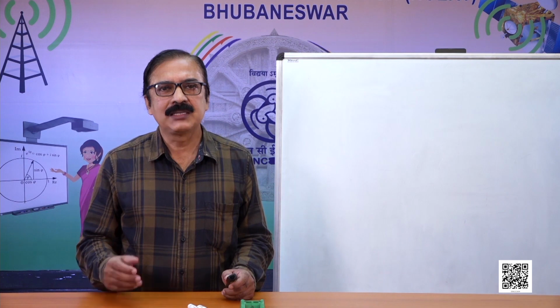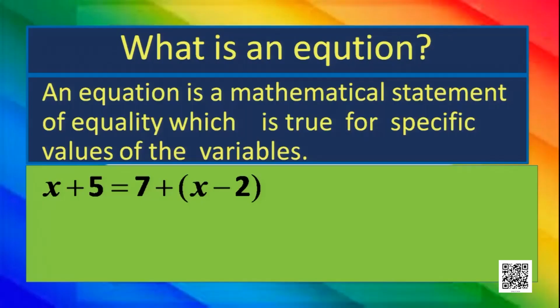Okay, now let's see some other situations. x plus 5 is equal to 7 plus x minus 2. If we put the value of x as 1, then the left hand side gives 6 and the right hand side also gives 6.